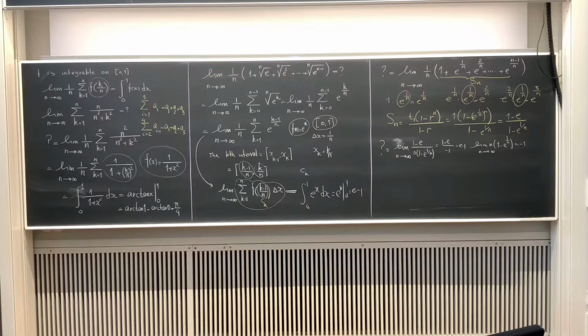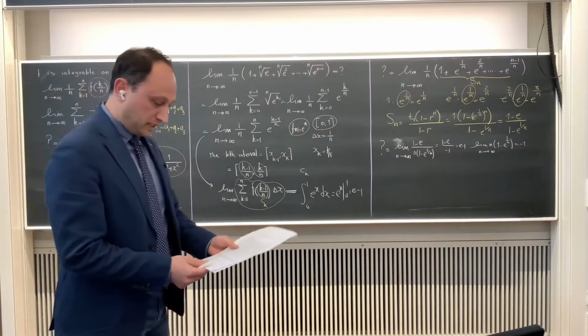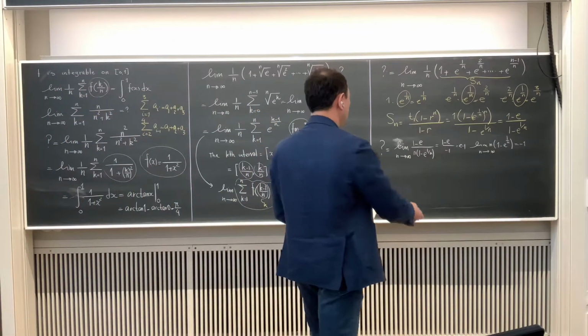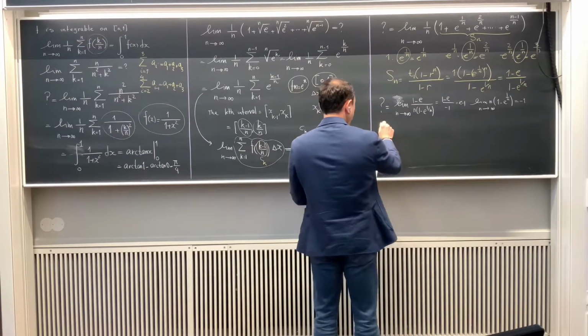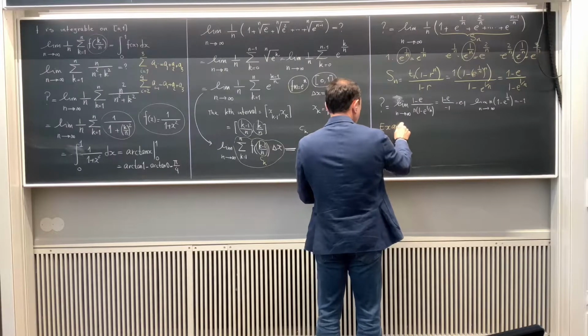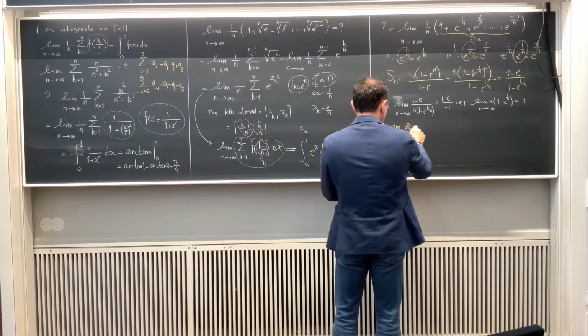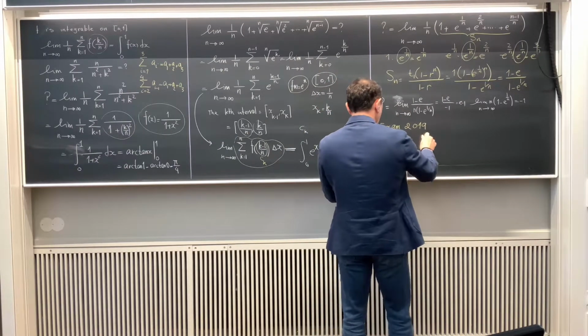Okay, is that understandable? Okay, let me give you another example, or let us solve this exam problem from the previous session. So this is exam 2019, question number 5. This is a good example, I would say.